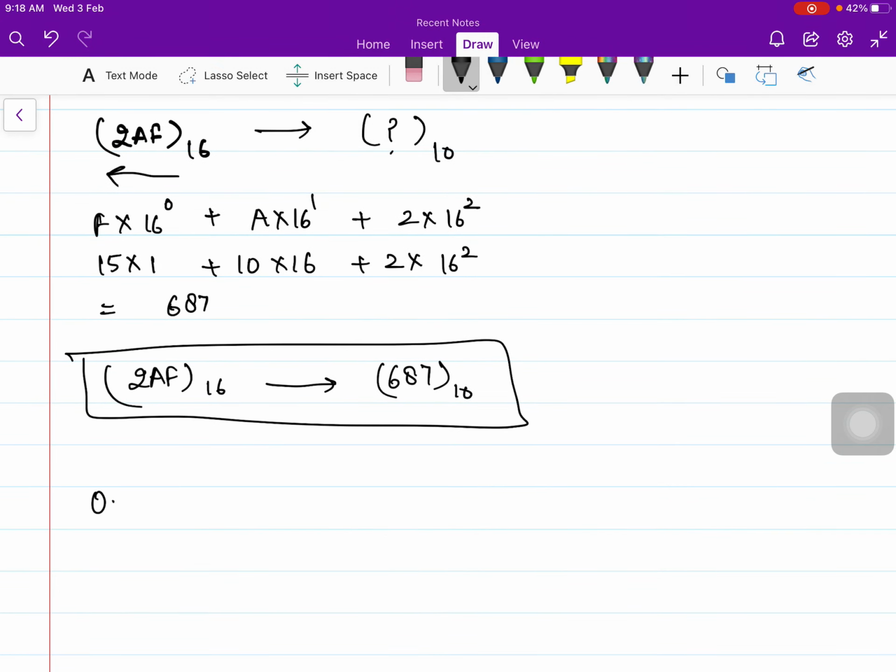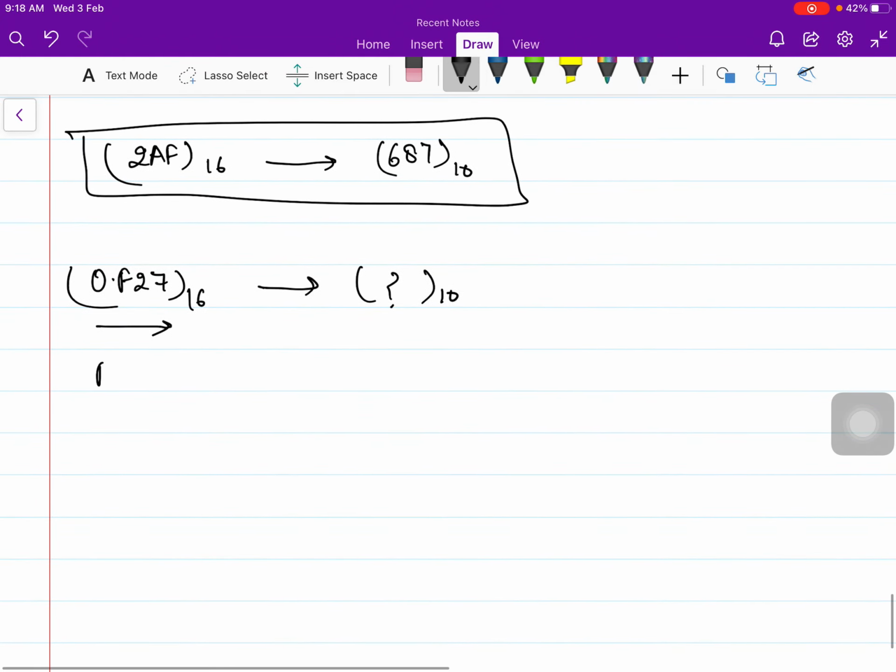Similarly, if you are given a question like this, then it is after the decimal, so you will move from right to left, and it will be F into 16 raised to the power minus 1 plus 2 into 16 raised to the power minus 2 plus 7 into 16 raised to the power minus 3. Instead of F, you will put 15.